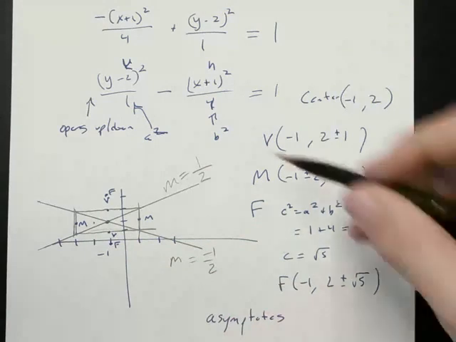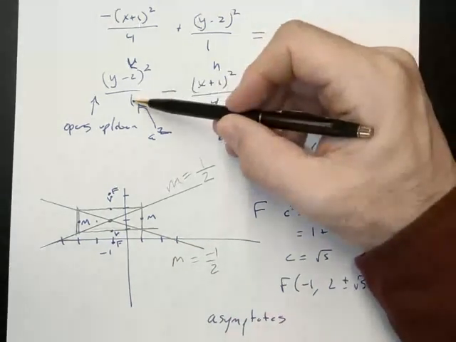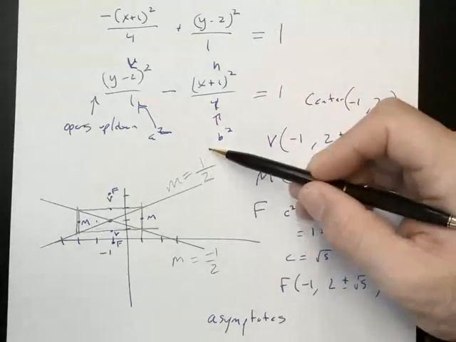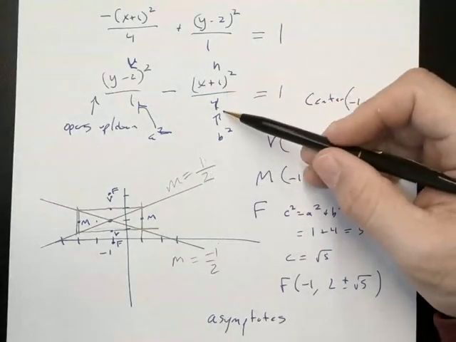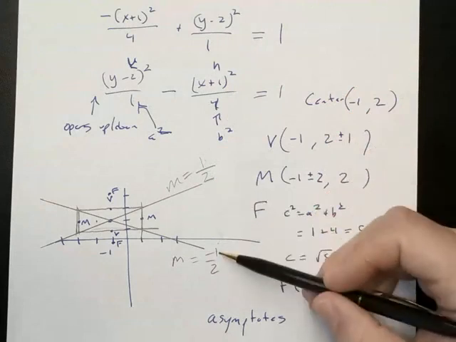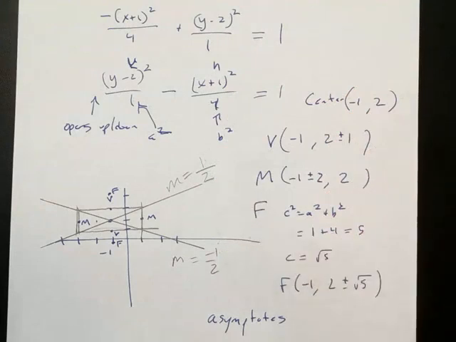Please notice, the number under the y is 1. That's A. The number under x, B, is the square root of 4. These are A over B. If it was going this way, they'd be B over A. This is why I just say it's y number over x number.